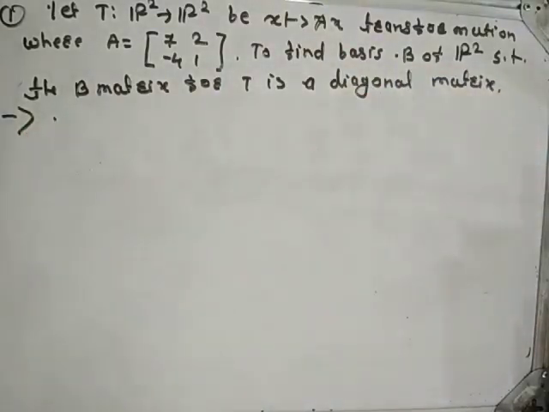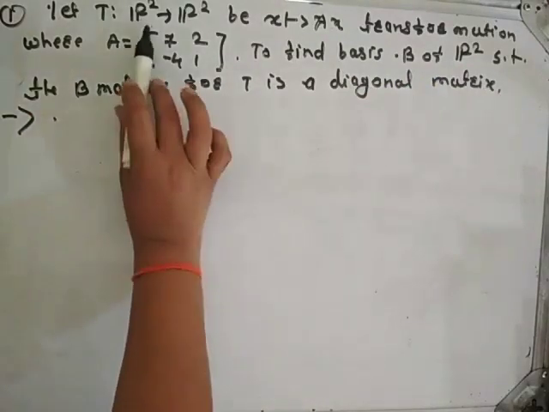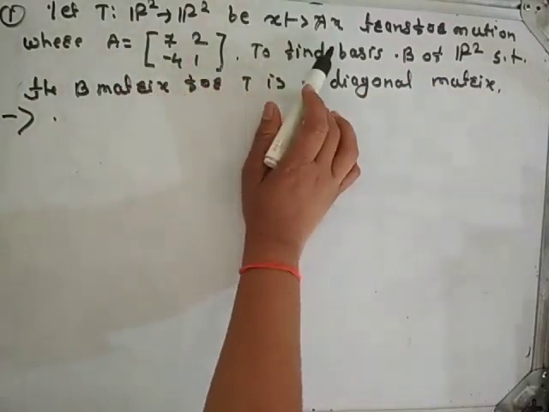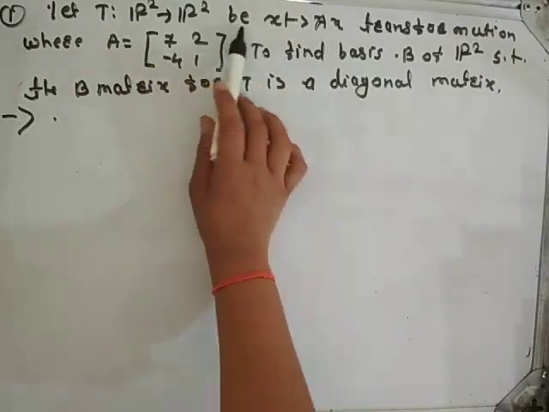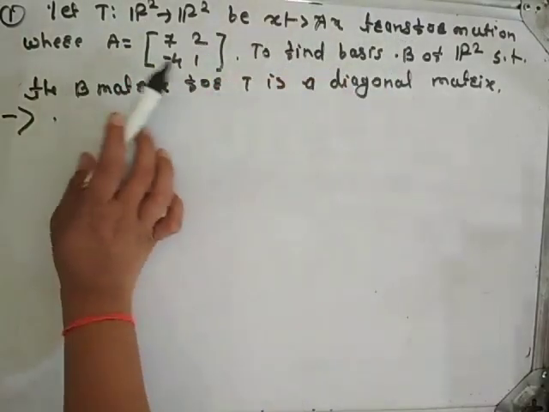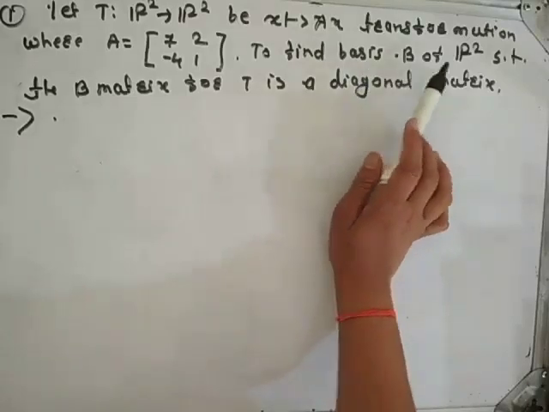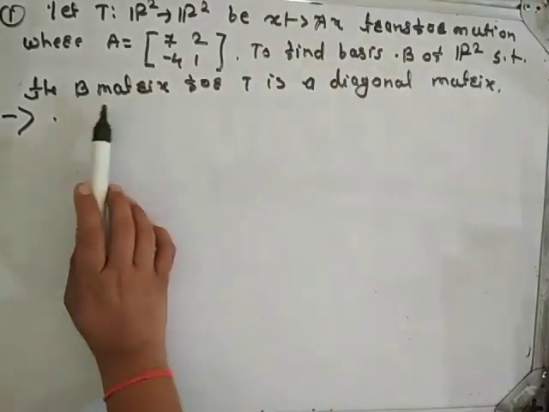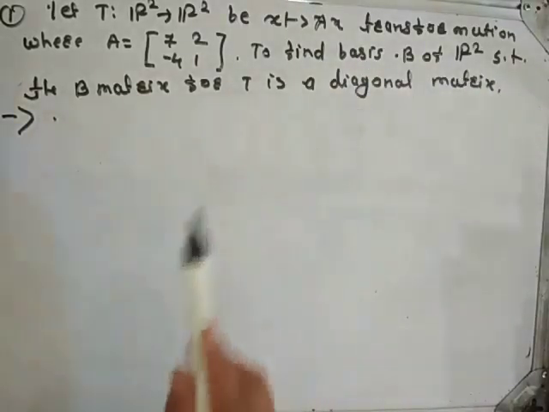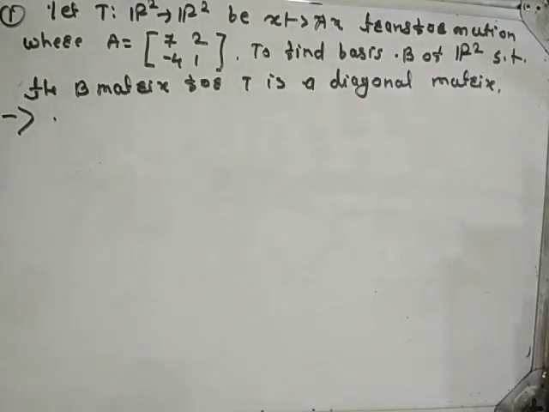Solution. Here we are given T from R2 to R2, a linear transformation x to Ax, where A is this matrix. We have to find a basis B of R2 such that the B matrix for T is a diagonal matrix.